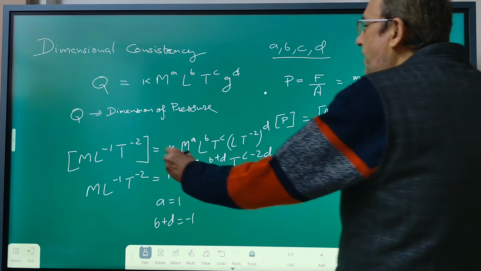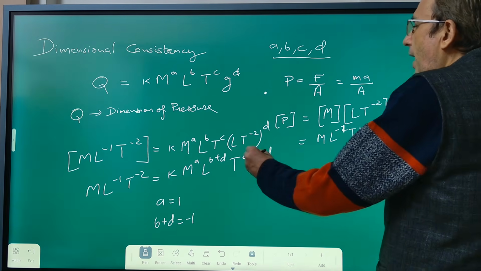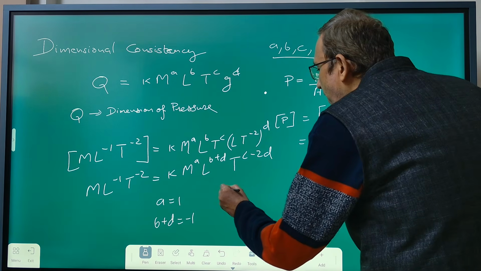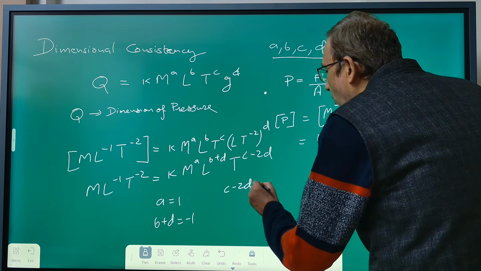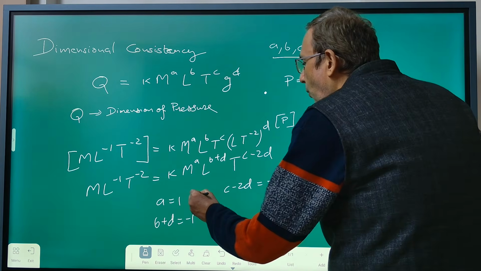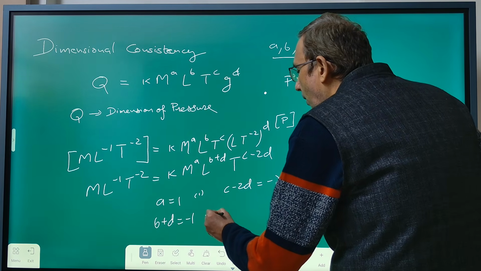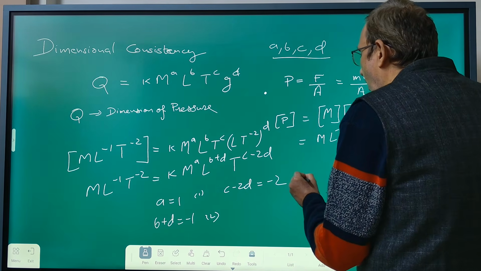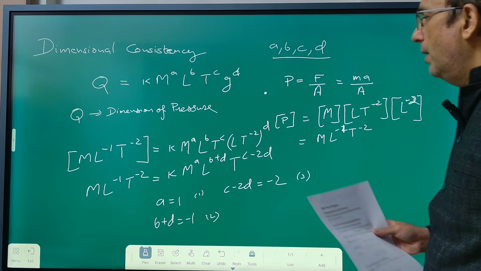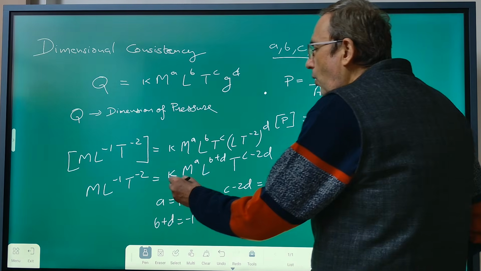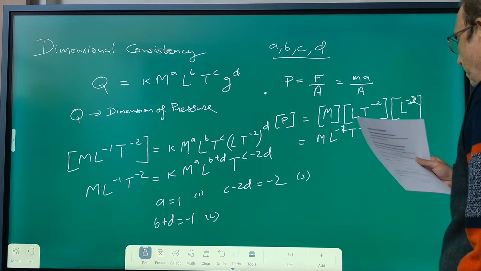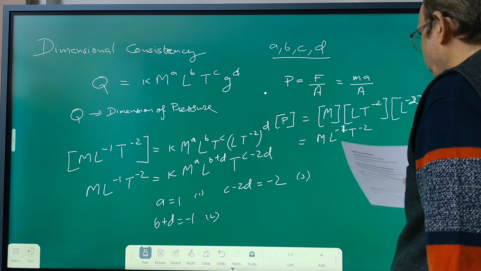And T is raised to power minus 2 on the left hand side and c minus 2d on the right hand side, so c minus 2d is equal to minus 2. So there are three equations now and we have three unknowns. The first one is already solved, a is equal to 1, and you can solve the other two to get b, c, and d.